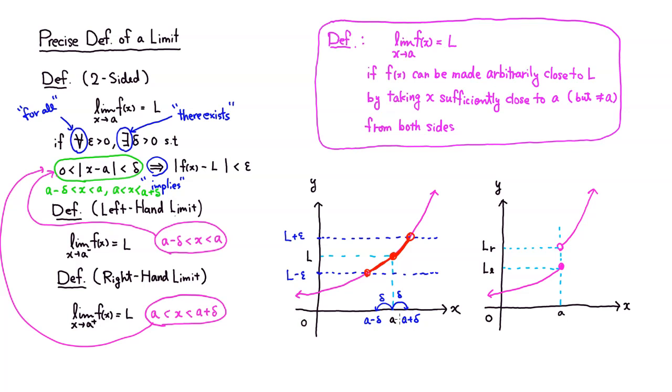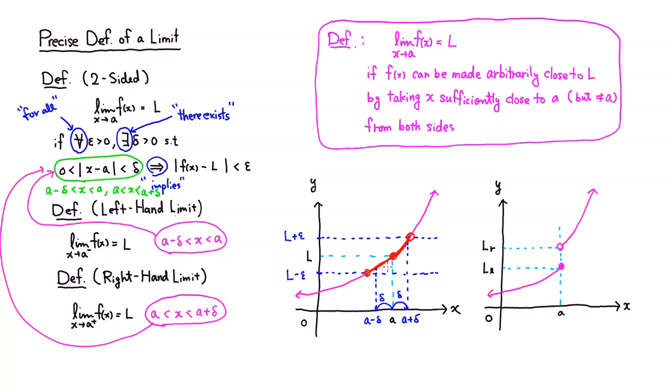If x stays between a minus delta and a plus delta, and you go up, then the corresponding function values stay between L minus epsilon and L plus epsilon, which makes sure that the distance between f of x and L is less than epsilon, right?